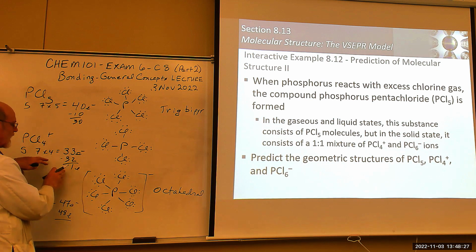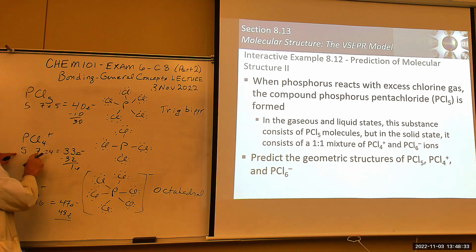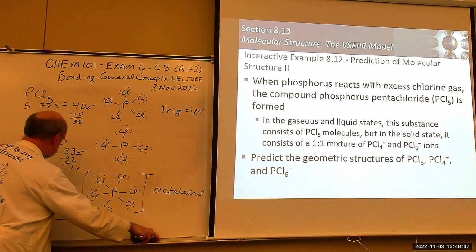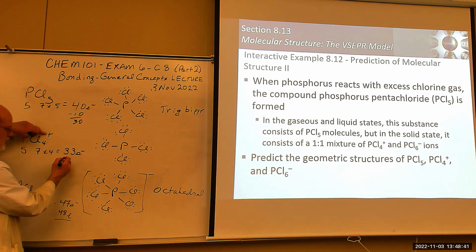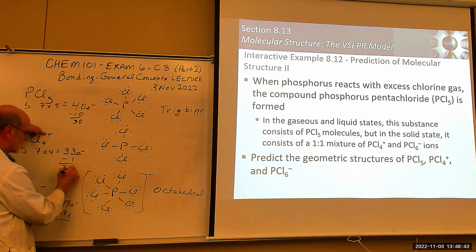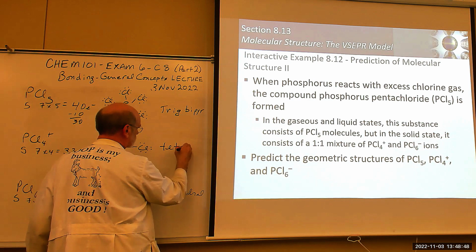Means I have to take away, let's see, 28, 3 is 33 minus 1. We're positive. That means I have to take away 1, 32. So 32 would be like this. That's tetrahedral.